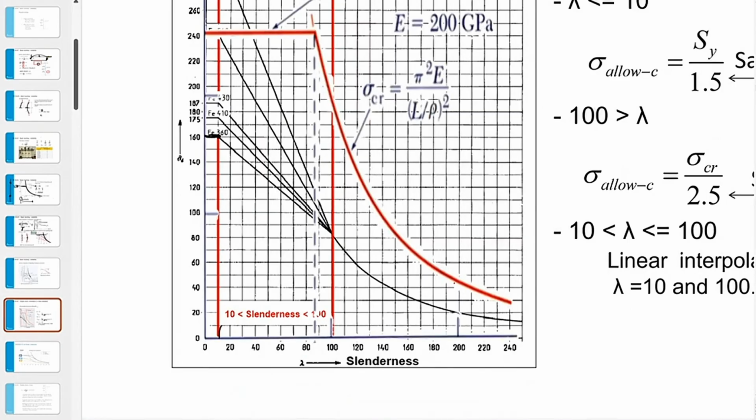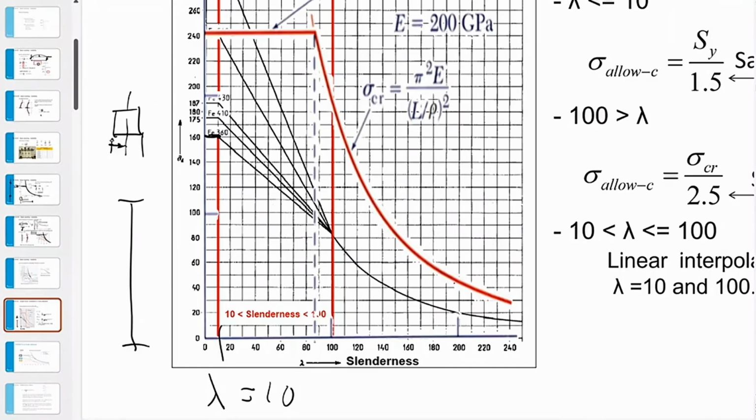We say up to a slenderness ratio of 10, so that the length divided by the radius of gyration is 10. The radius of gyration, if we take it as a single block, is, let's say, a quarter to 30% of the width.